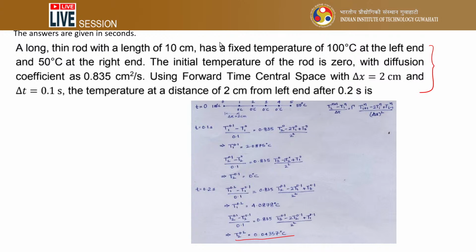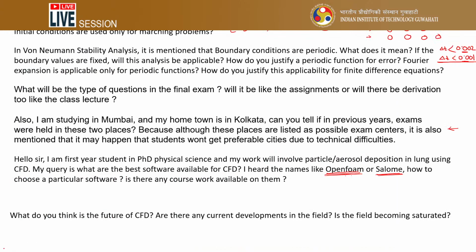Yes, but the upper side is not totally visible. Okay, so I will just paste it. I am just writing here.